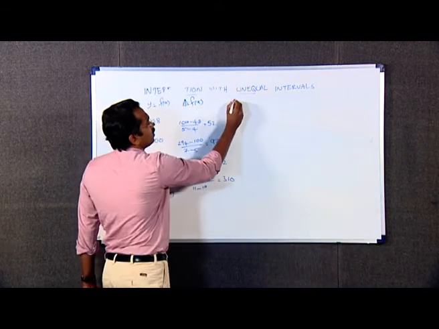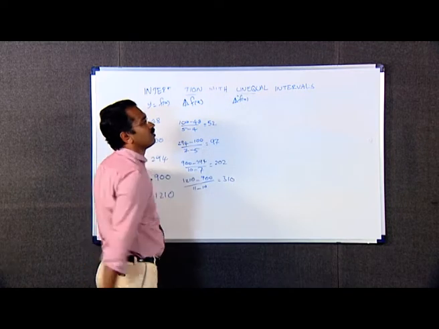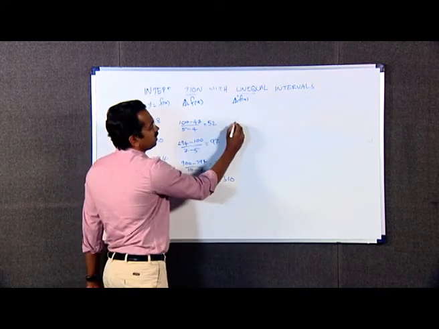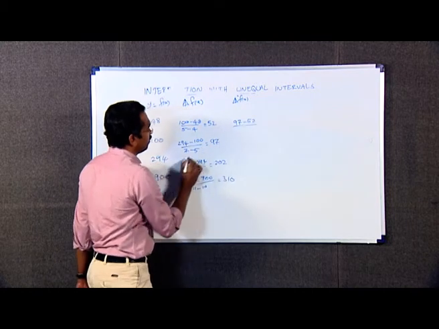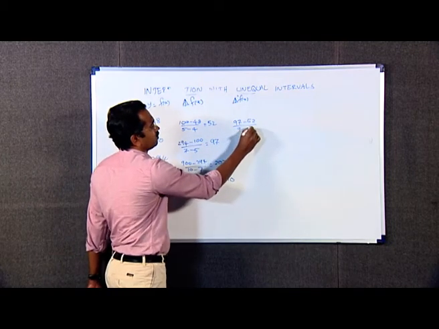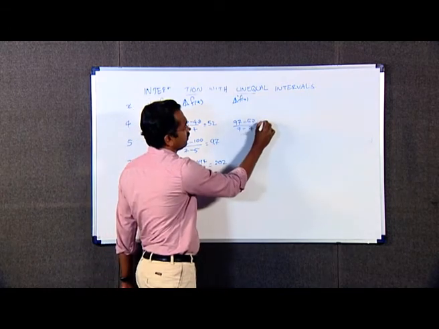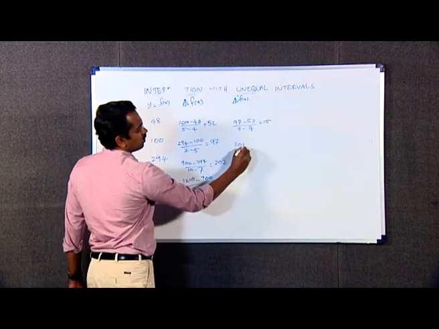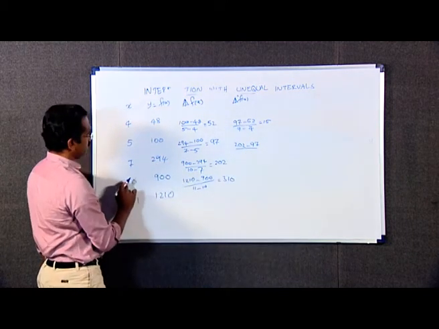Now, the second order divided differences, divided delta square f of x or divided delta square y, are 97 minus 52 divided by 7 minus 4, which is equal to 15. Next is 202 minus 97 divided by 10 minus 5.